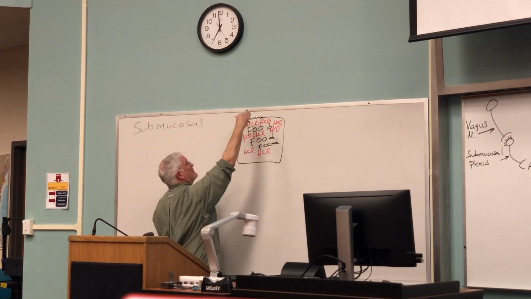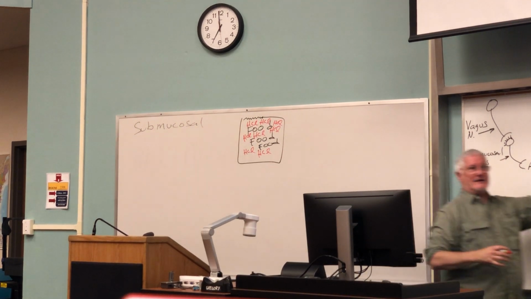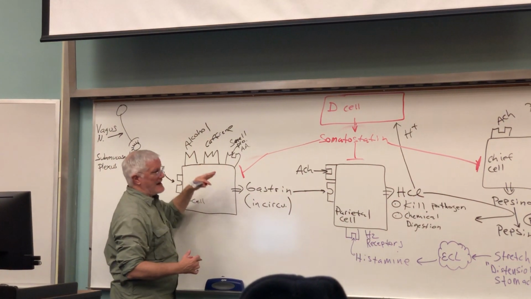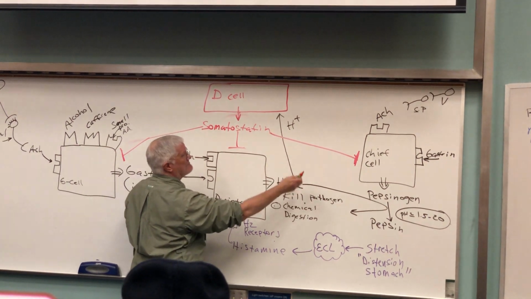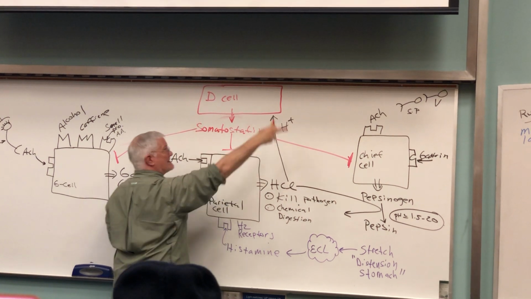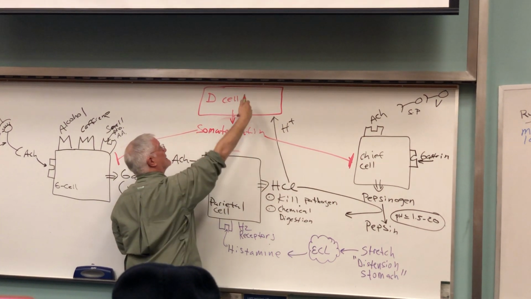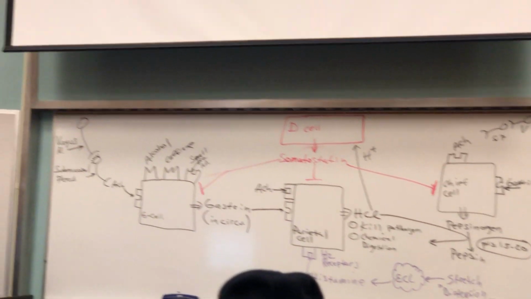The pH begins to lower and lower because we're doing this, right? Due to the amount of stretch, due to the amount of signaling, and as my pH begins to get lower and lower, which means I start making more and more hydrogen ions that can actually affect the pH, I start sending this signal to the D cells to help regulate the overall production of hydrochloric acid.